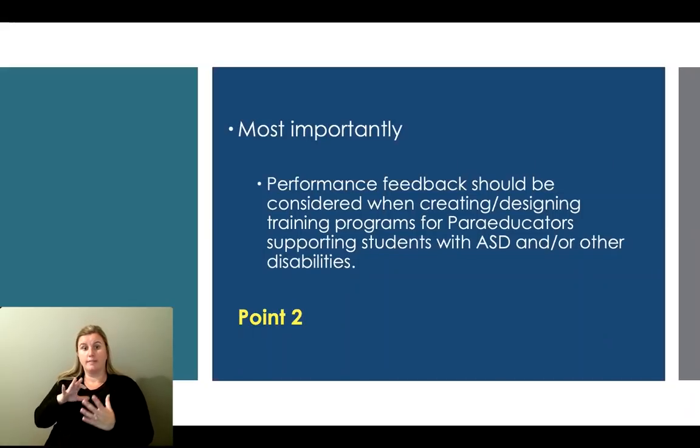Feedback should be considered when creating and designing training programs for peer educators supporting students with ASD and other disabilities. We must always, as the ones who design and consider specific strategies in our training approaches, consider performance feedback. So our point number two is going to be: performance feedback must be included in all training programs for our para educators.